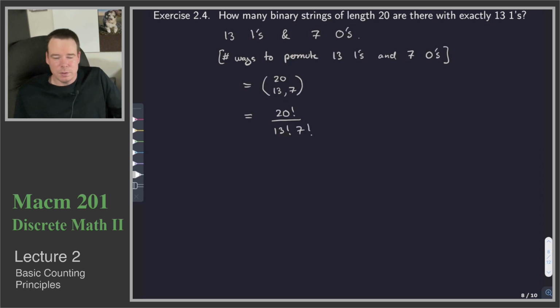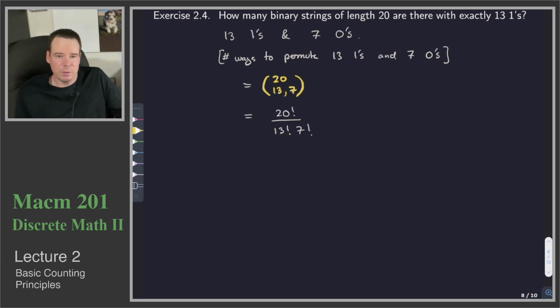I want to just pause here and mention that we have now introduced what is quite a powerful symbol. This symbol here, where the top number, in this case it's 20, but in general the top number n, and the bottom numbers sum up to n, is the number of ways to permute those 20 objects, where 13 of them are of the same type and the other 7 are of the same type.